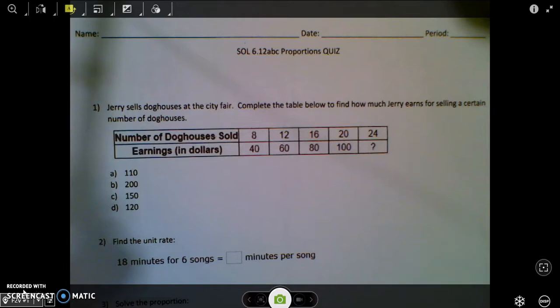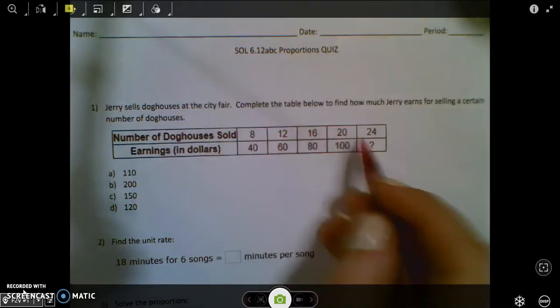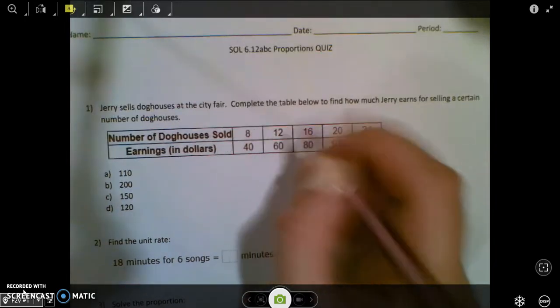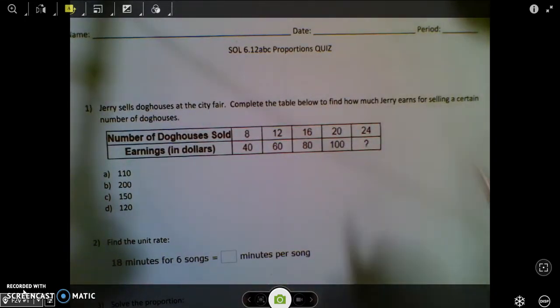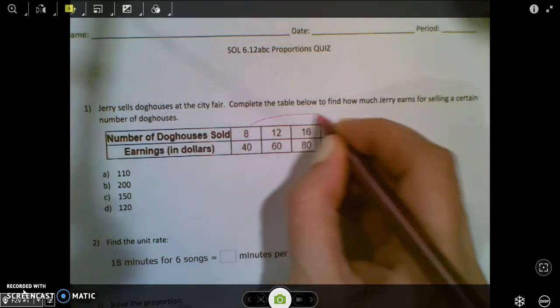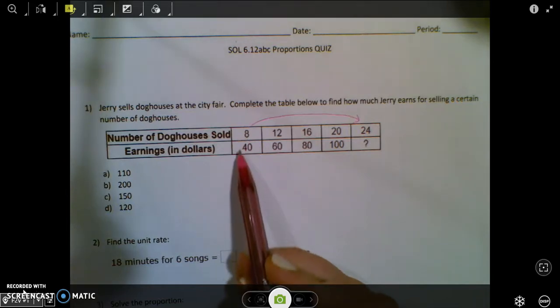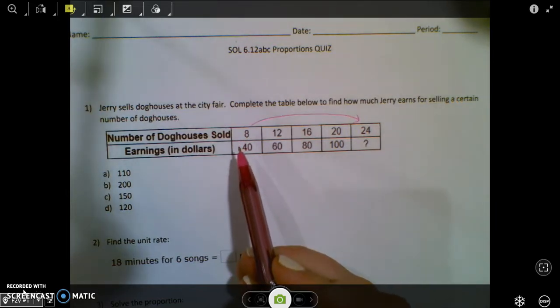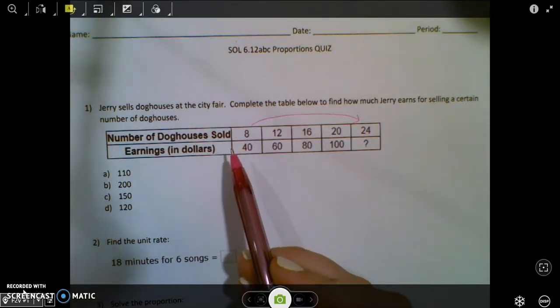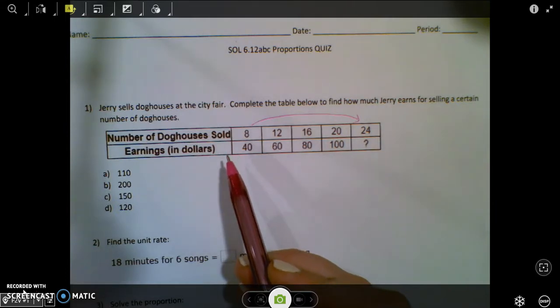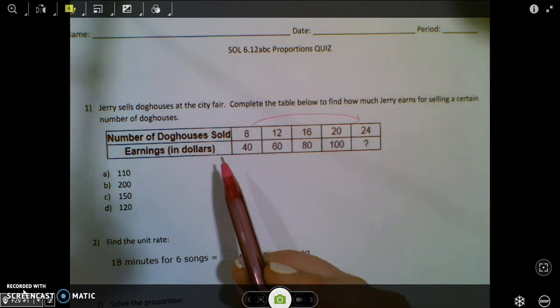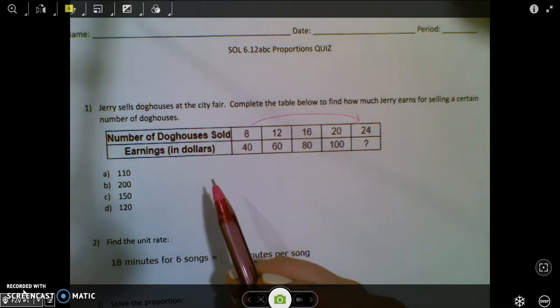So there are 2 ways you could go about solving this problem. This is an easy enough problem where I could find my constant of proportionality to solve this. I probably just want to start with the ratio that has the smallest numbers in it, because you're not multiplying large numbers, you're more likely to be able to find a constant of proportionality.